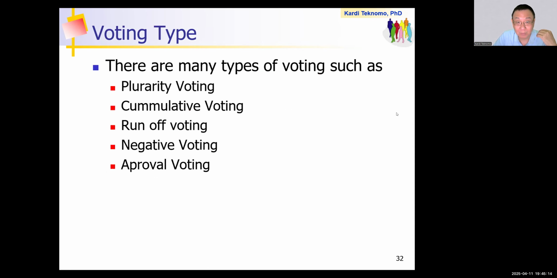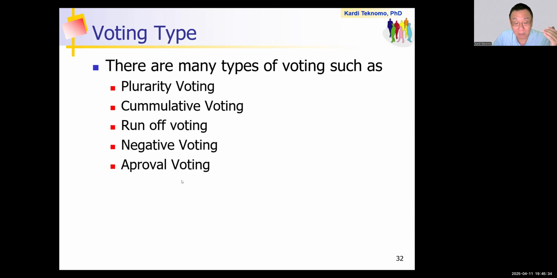There are many types of voting, so let's keep the names of a few types. We have priority voting, cumulative voting, runoff voting, negative voting, and approval voting.